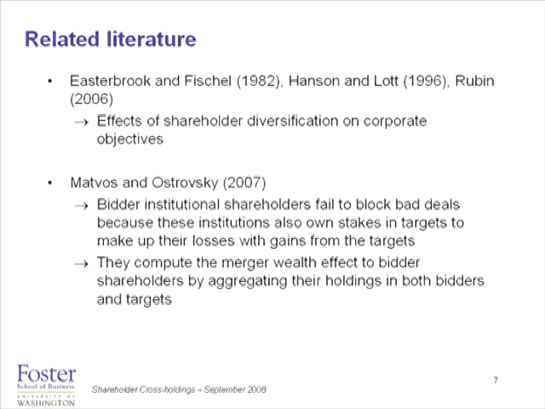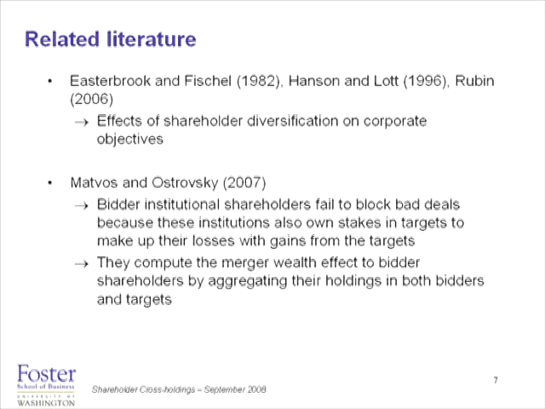Their idea was, well, we know that on average bidding shareholders lose in acquisitions, so why do they continue to approve these deals? Maybe it's because we're failing to realize that these bidding shareholders are also getting the other side of the transaction, and they're actually ending up better off, as some of the shareholders did in that initial example I showed you.